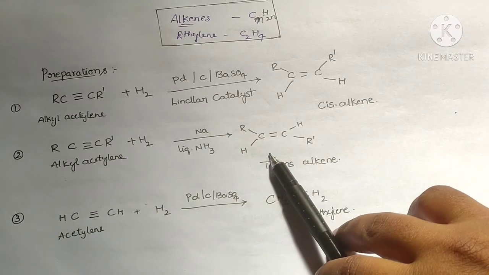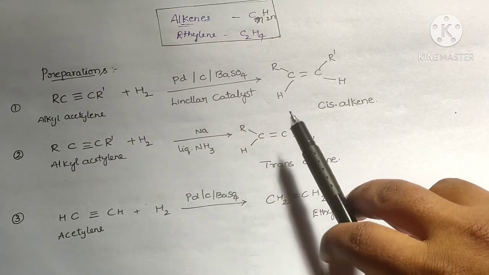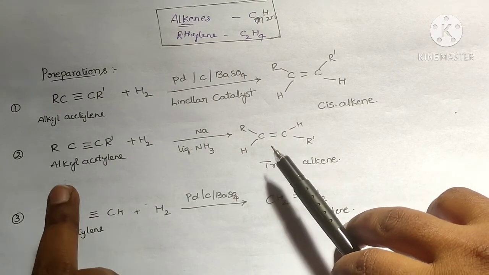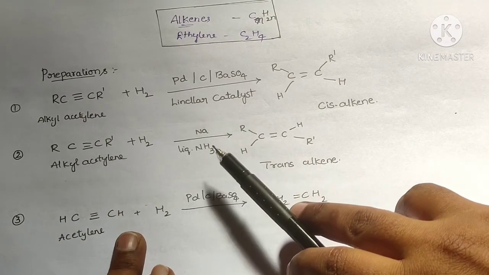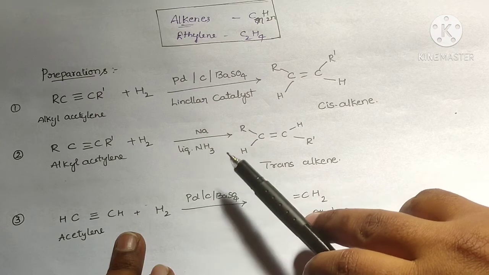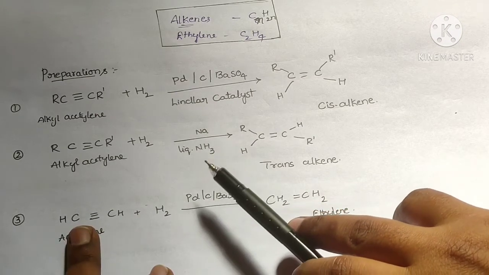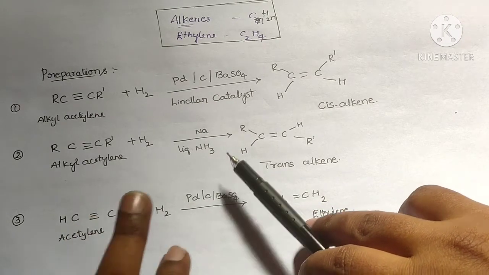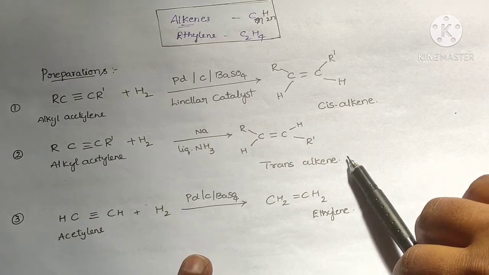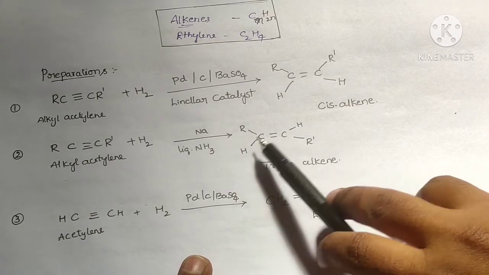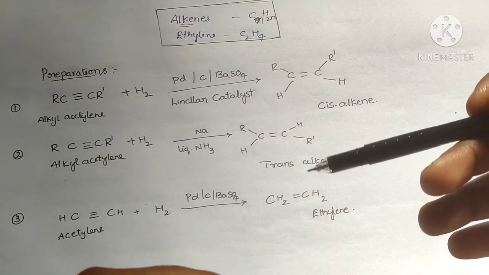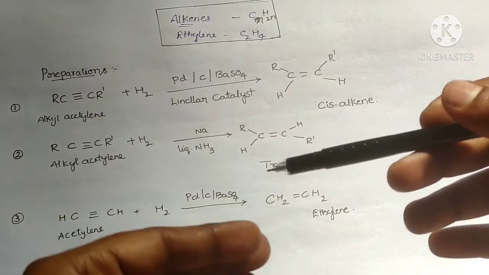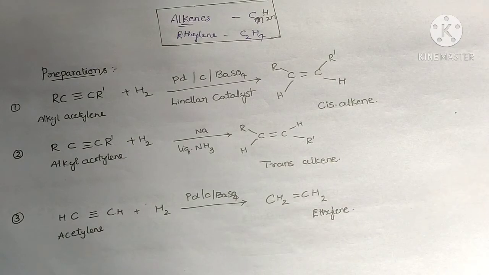And the second preparation for alkene is taking alkyl acetylene and adding hydrogen in the presence of sodium and liquid ammonia. Sodium and then liquid ammonia give a trans alkene. When the same groups are on different sides of the C double bond C, it is called a trans alkene.